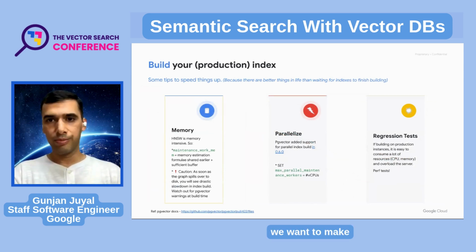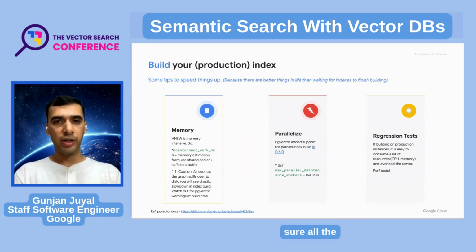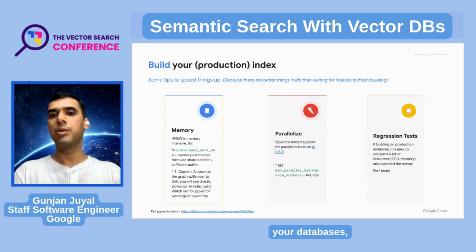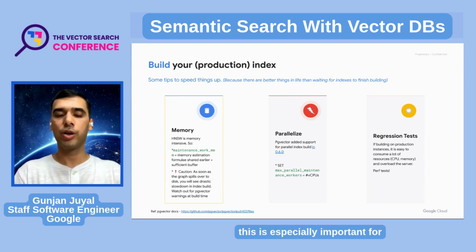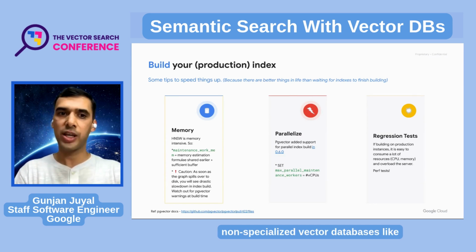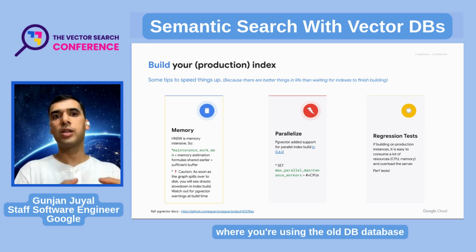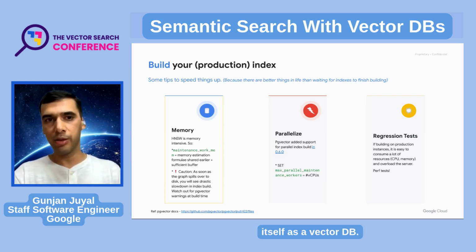And yeah, again, when thinking about vector indexes, be aware of the resources that you have. This is especially important for non-specialized vector databases like Postgres and others, where you're using the OLTP database itself as a vector DB.